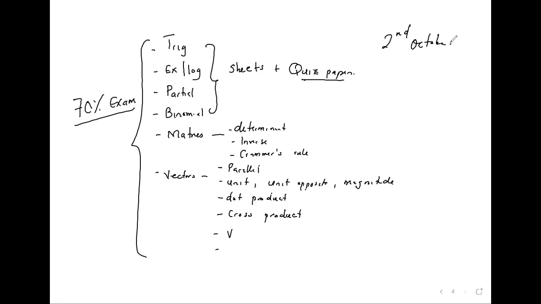Then from 3rd October, we'll go straight to statistics and probability. That should be done before the 10th. And then we go back to sets up to before trig, meaning up to polynomials. This is just like from 10th to maybe 16th.